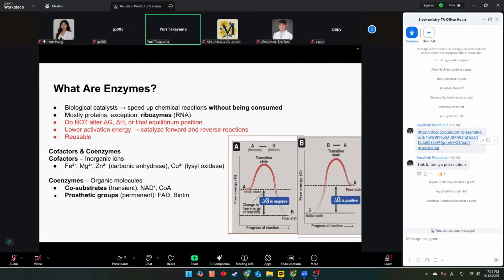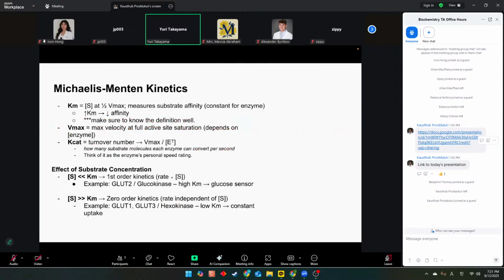Next, the Michaelis-Menten kinetics. Make sure to know the definitions of Km, Vmax, and Kcat. I'll briefly go over them right now. Km is the substrate concentration at which the enzyme works at half its maximum speed.